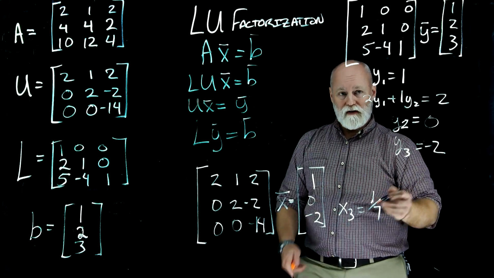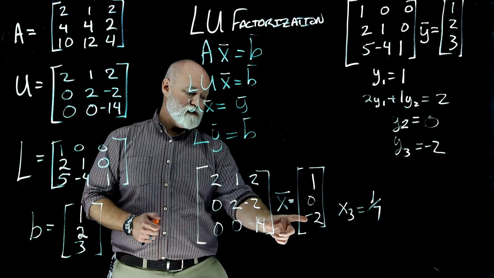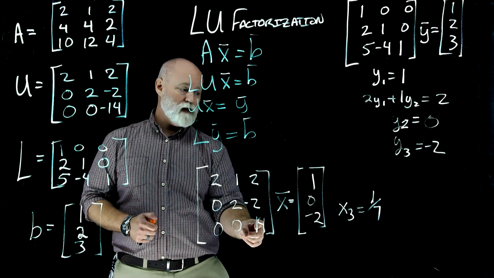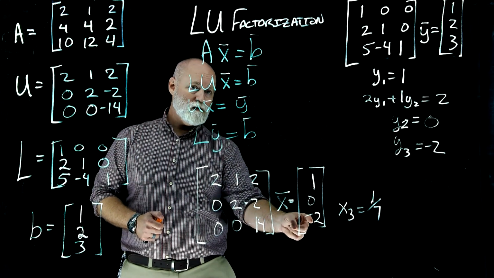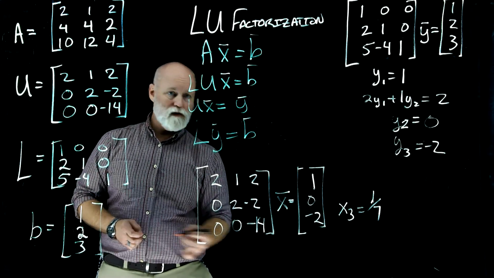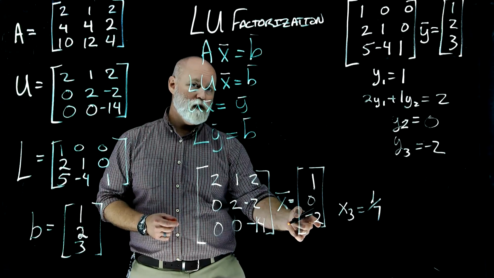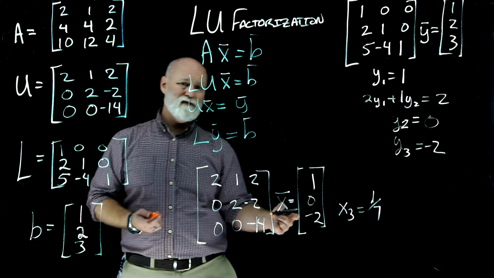And you're saying, well, where would 1/7 come from? Stop, pause the video, and write this out. You have negative 14x3 equals negative 2. It didn't come up very well, but that is a negative right there. So negative 14x3 equals negative 2, which means that x3 has to be 1/7.